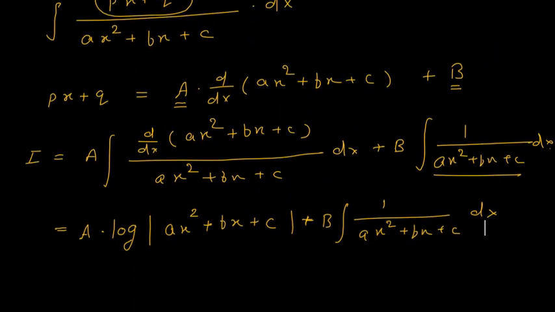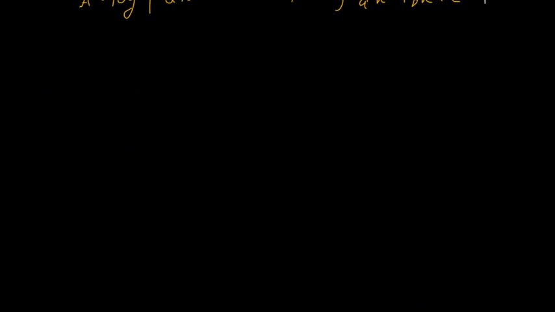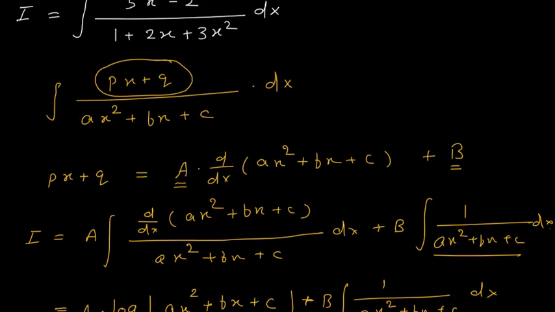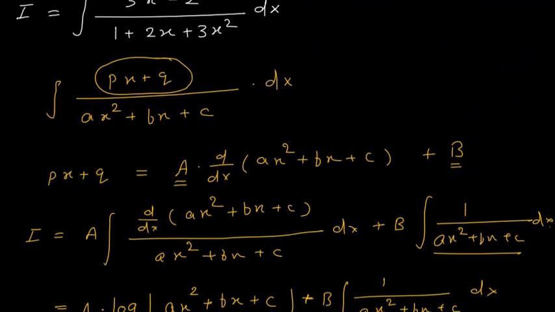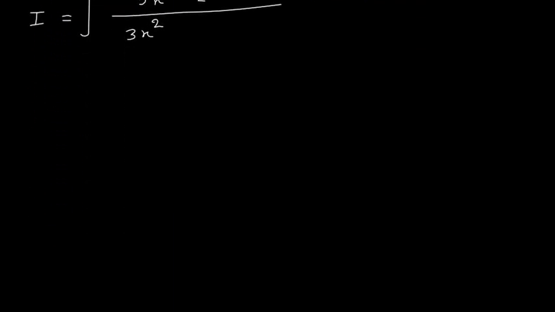So again I will start the problem from here. I is equals to the integration of 5x minus 2 upon, in the denominator, I will write the x square term first, 3x square plus 2x plus 1, dx.